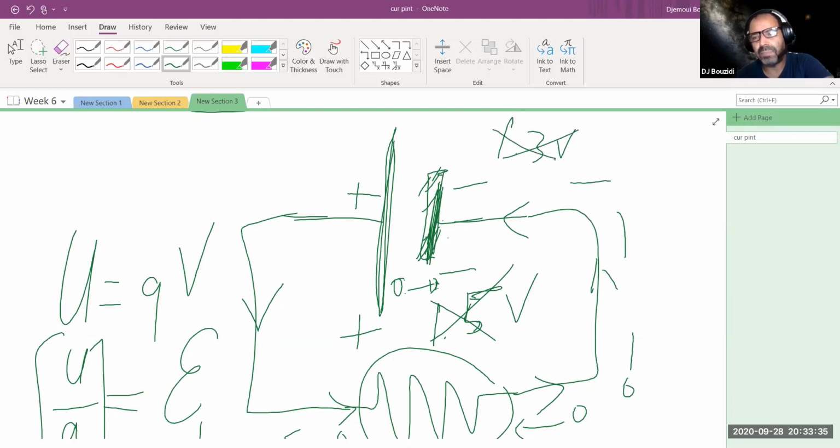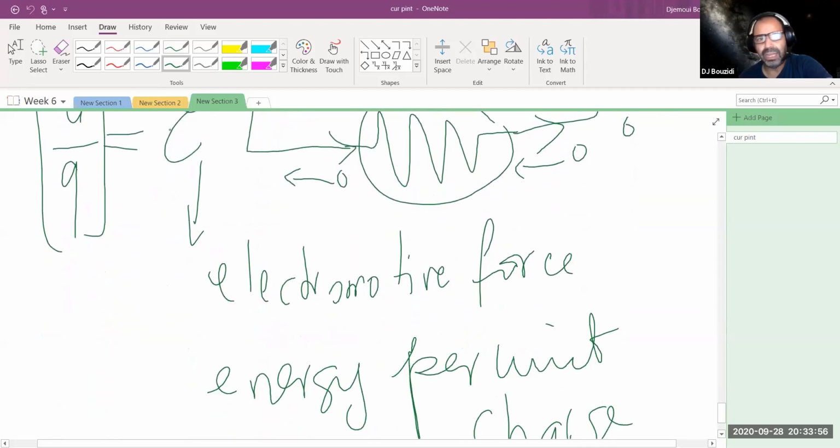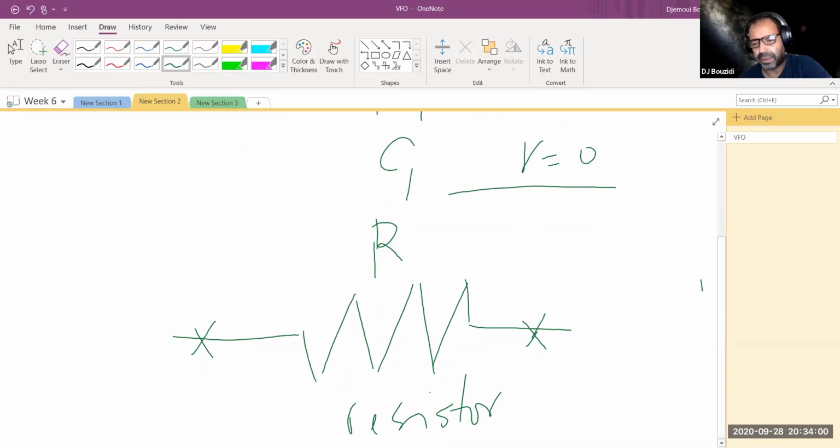If the battery drops to 0.1, it's barely going to have any electromotive force at the end, so it's going to be useless for your circuit. It's going to drain, it's going to create nothing. That's the time when you're going to replace it. So the electromotive force, and the symbol for it is epsilon, is the voltage specified for the battery. Again, this is a new symbol that we have to add to our circuit, which is the battery.